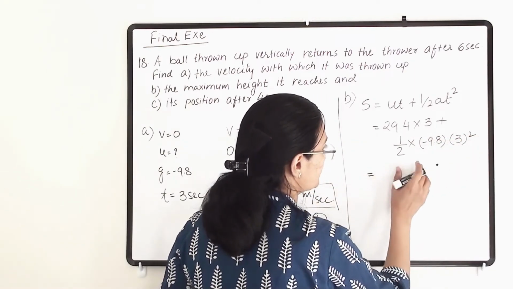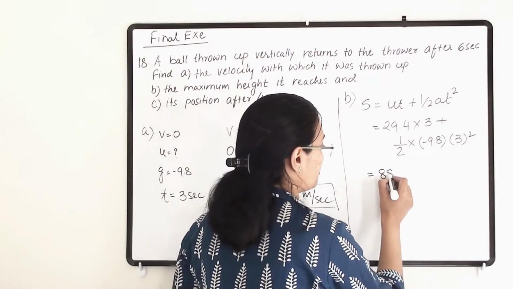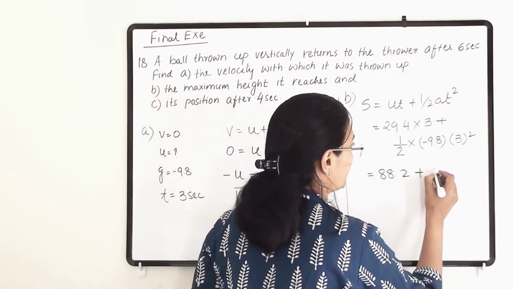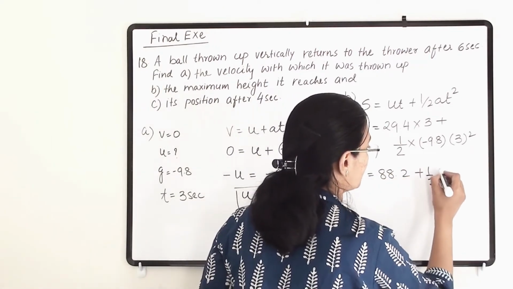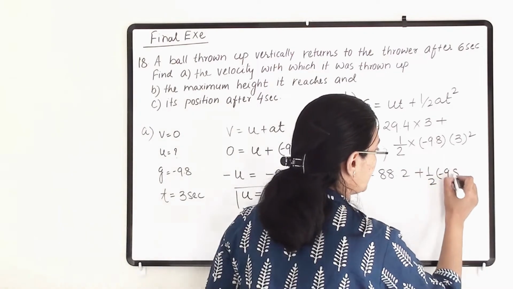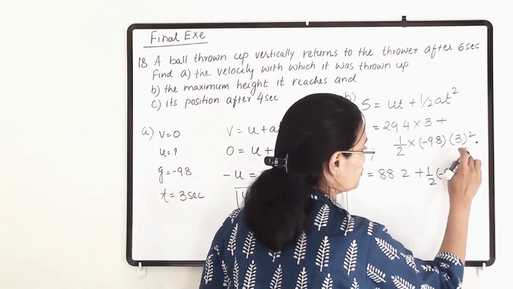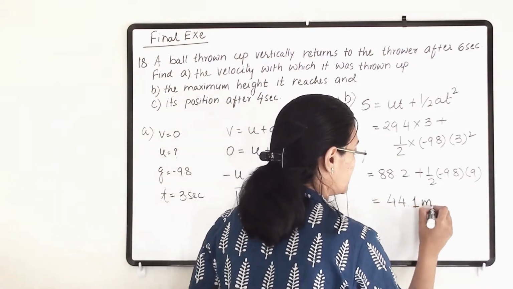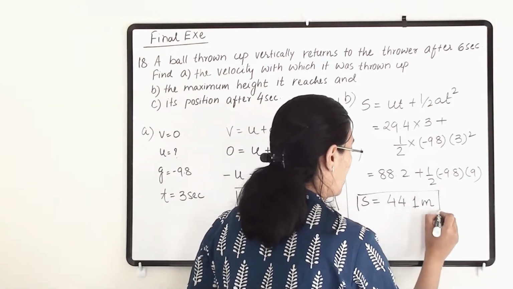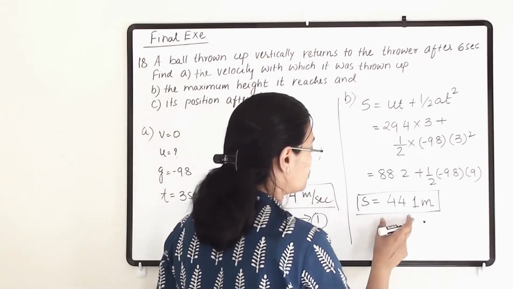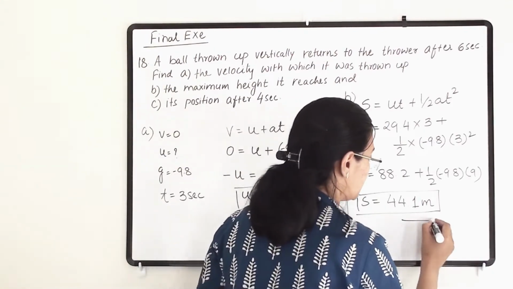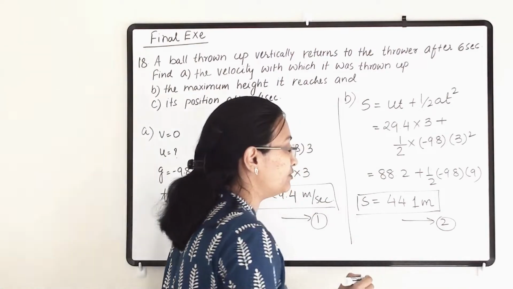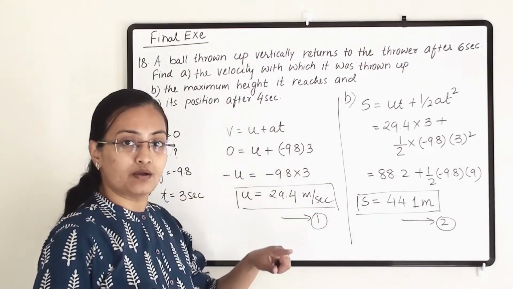Once we solve this, we will get 88.2 plus 1/2 into minus 9.8 into 9. 3 into 3 is 9. So we get 44.1 meter distance. So when the ball is thrown upward, it is going to cover this much distance till the top and then it will start coming back.